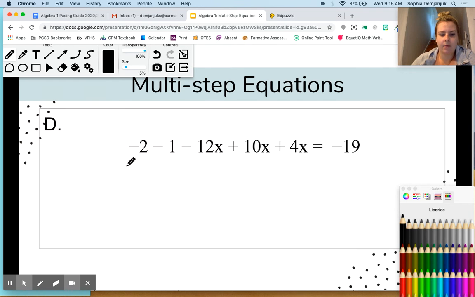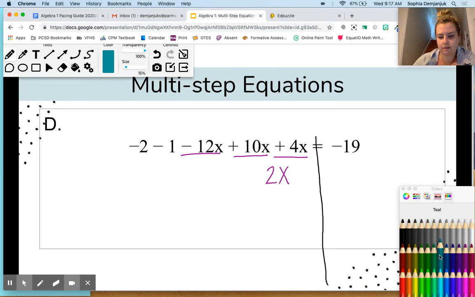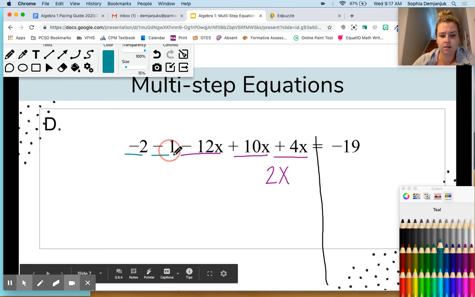In this example, we have -2 minus 1 minus 12x plus 10x plus 4x equals -19. I'm going to combine all of my x pieces, -12x plus 10x plus 4x. -12 plus 10 gives me -2x, plus 4 gives me +2x. -2 minus 1 leaves me at -3.